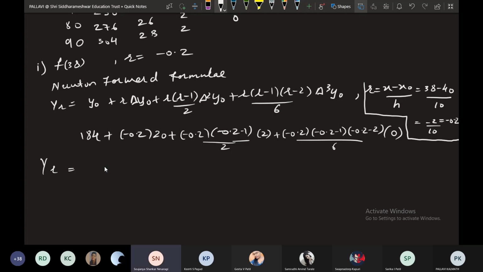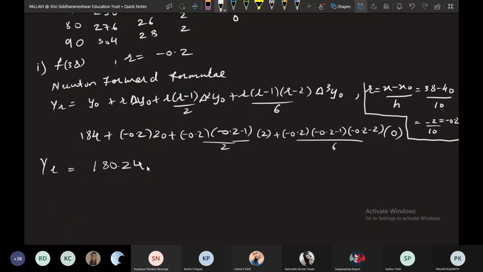Only two terms. How much? 180.24. No, it is 180.24.